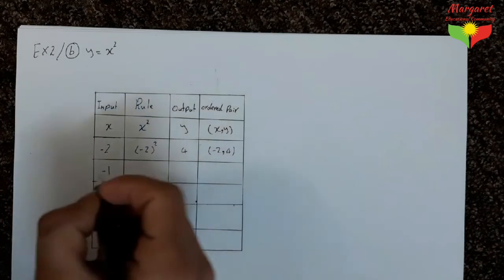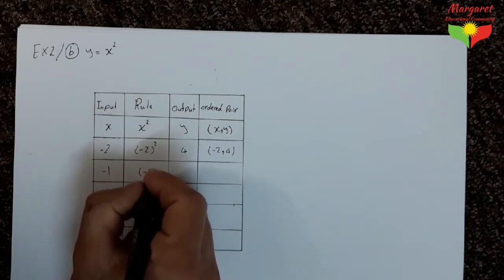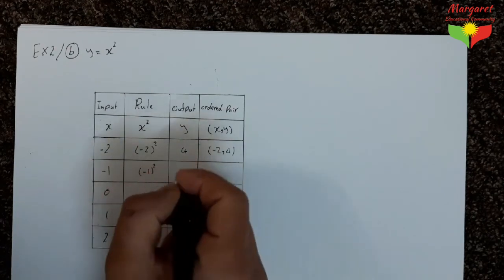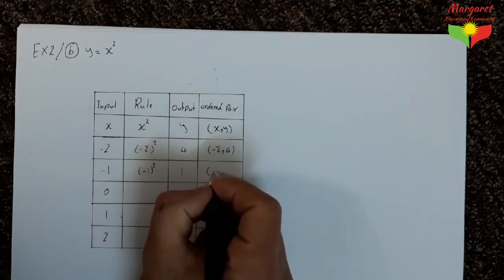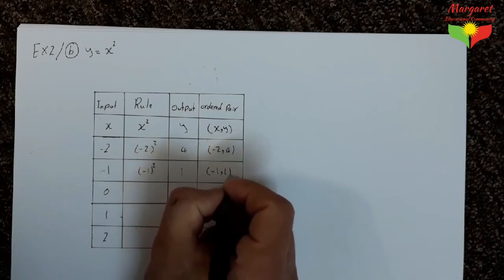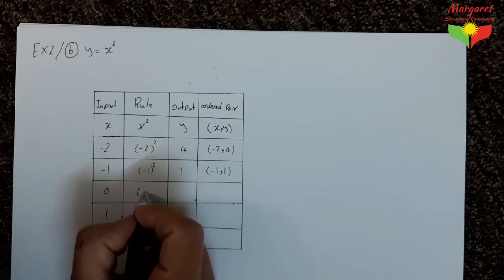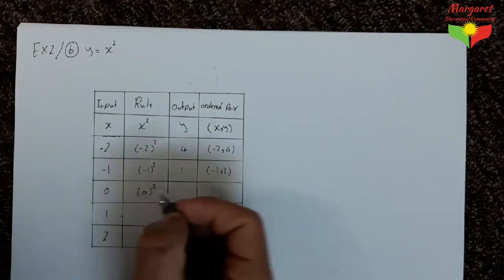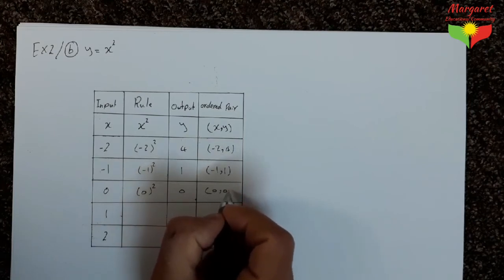And substitute minus 1 for x. So we have minus 1 square equal to 1. So the order pair is minus 1, 1. And substitute 0 for x. So we have 0 square equal to 0. So the order pair is 0, 0.